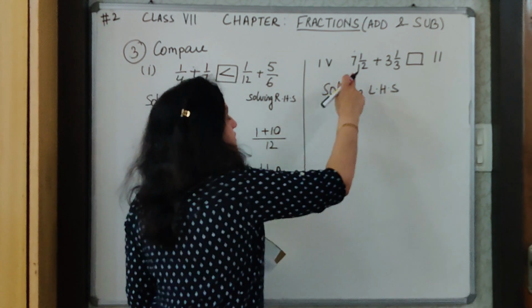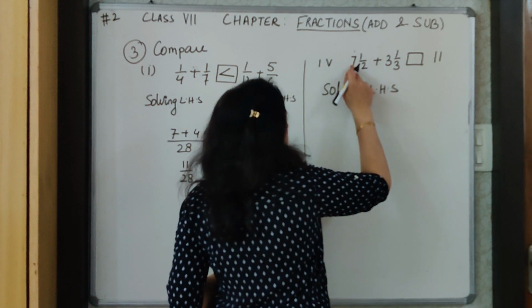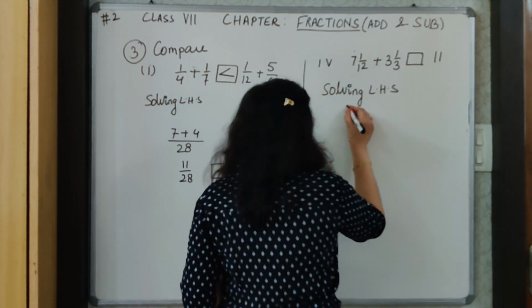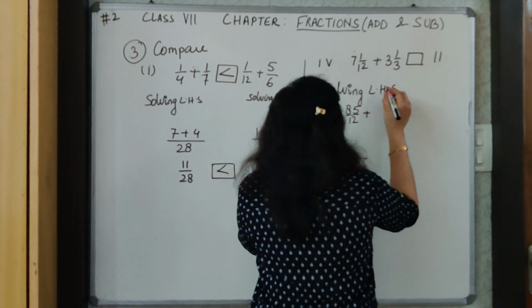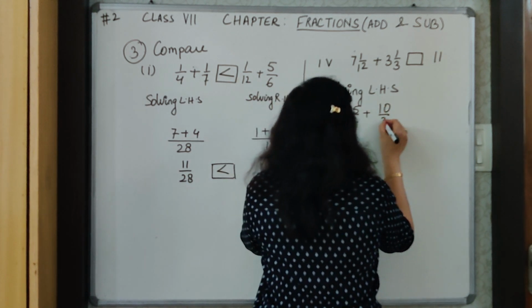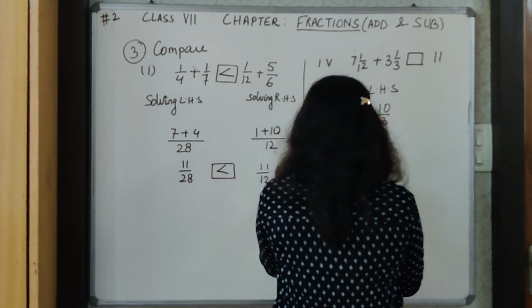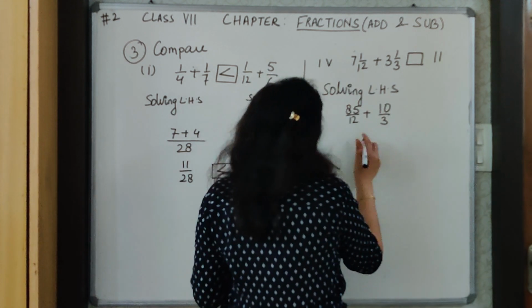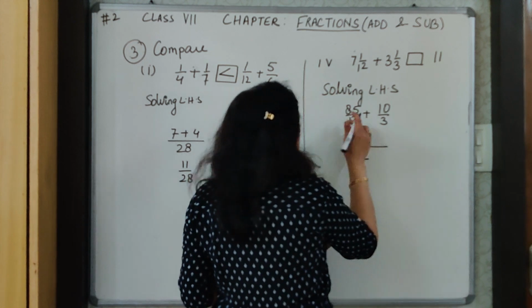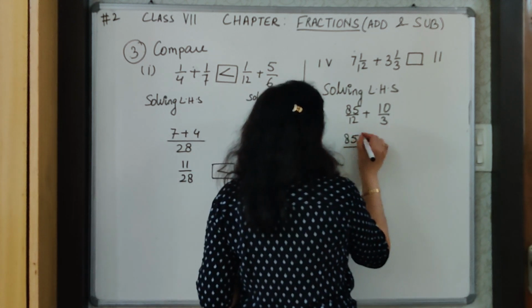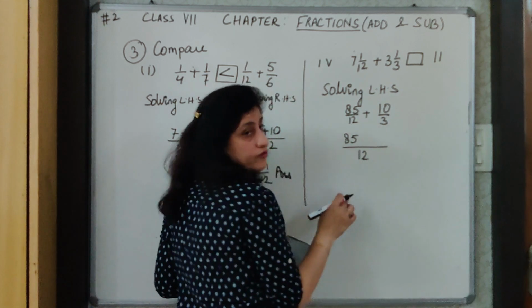So first converting them to improper fraction. 12 sevens are 84 plus 1, 85 upon 12 plus 10 upon 3. Now taking the LCM will be 12. Then this number will remain the same. And 3 into 4 will give me 12.